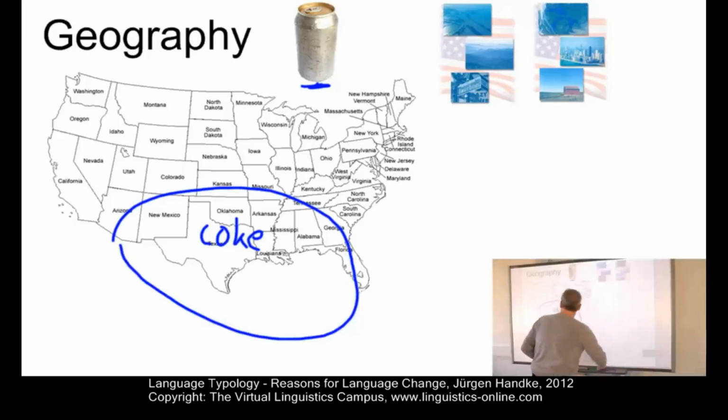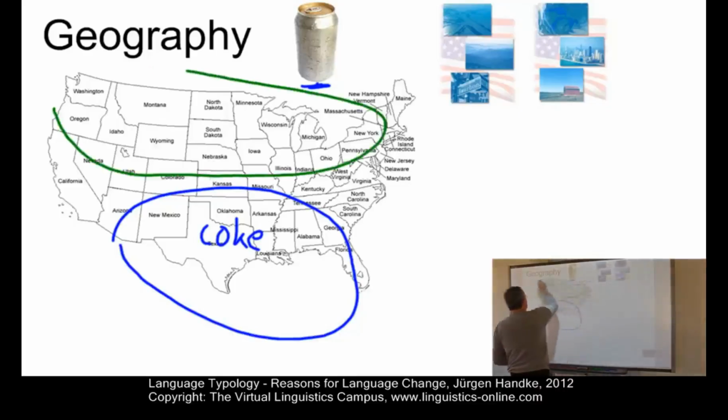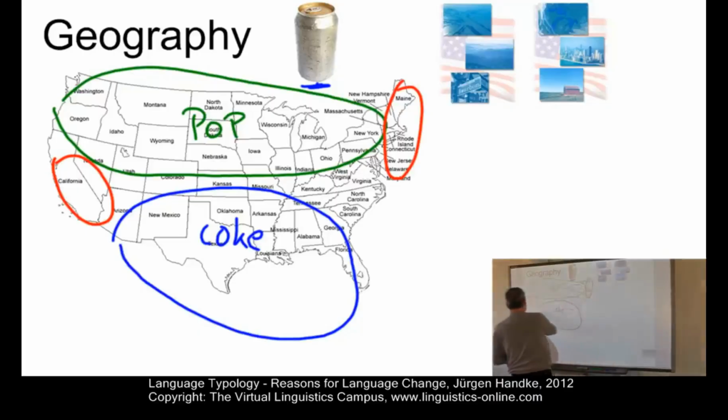Pop, by contrast, dominates the North and the Northwest. So this is an area where people would order a pop. Well, and in California and in parts of the Northeast, people would prefer the term soda.